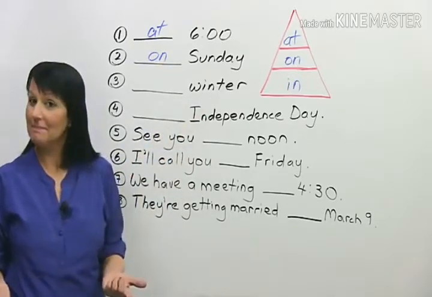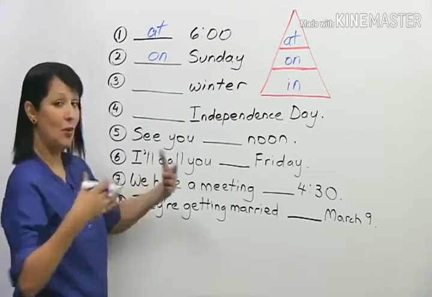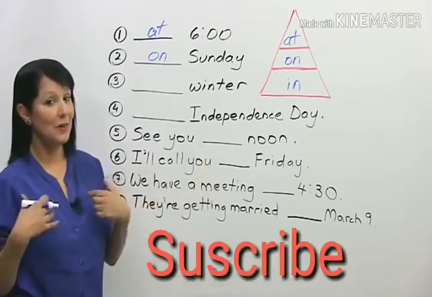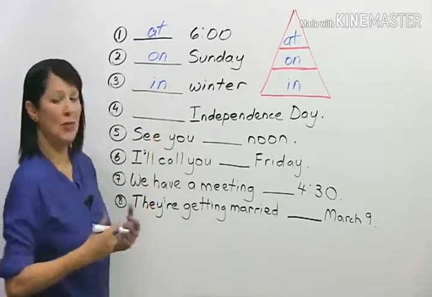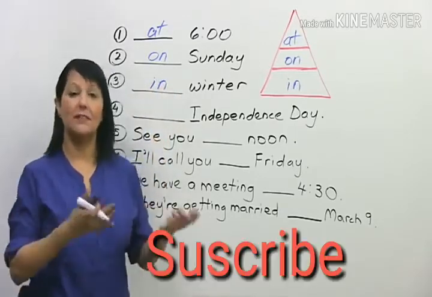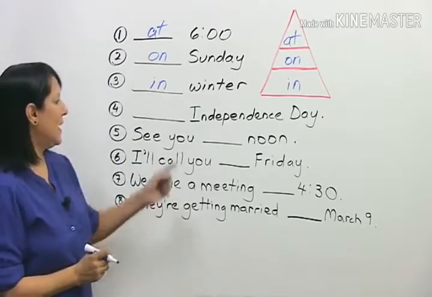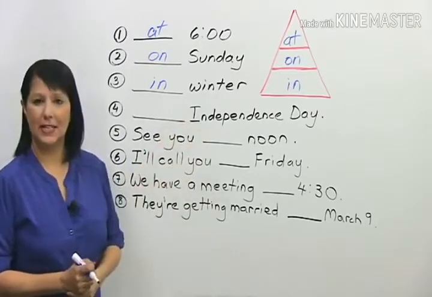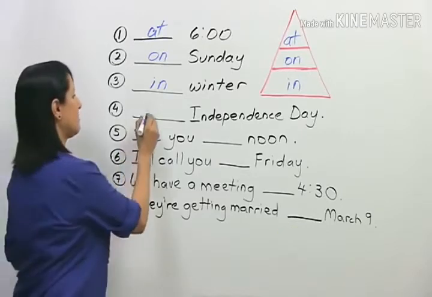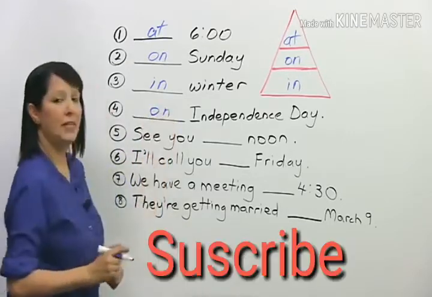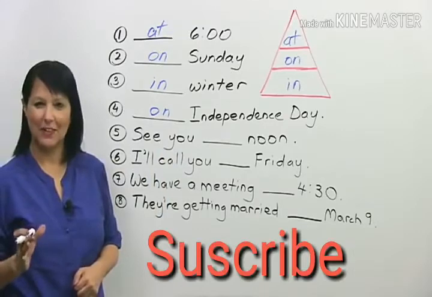What do we say? It's a long period of time, especially in Canada where I live. Okay, so in winter, we can also say in the winter. Same thing. And blank Independence Day. It's one day, so we need to say on Independence Day. Okay? Very good.